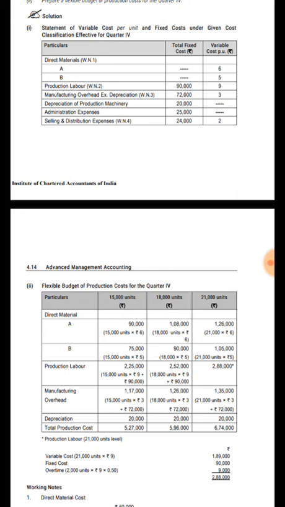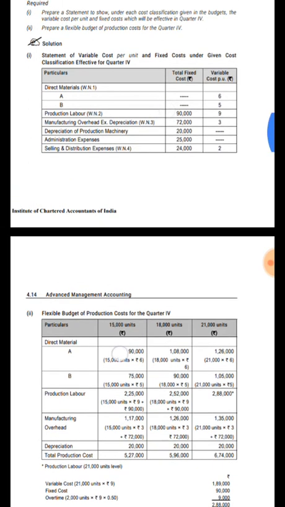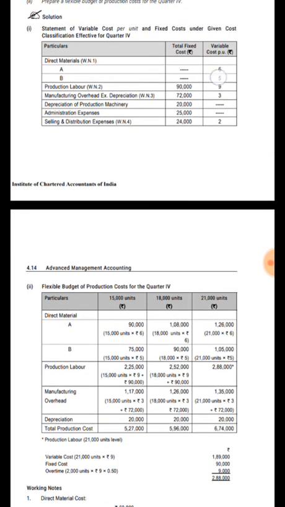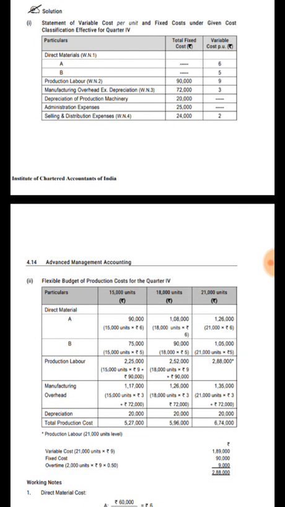Now coming to production labor. The first one is 15,000 into 9 plus 90,000. The second is 18,000 into 9 plus 90,000. The third is 21,000, so it has to be 21,000 into 9 plus 90,000, plus for the 2,000 excess units, 2,000 into 4.5.